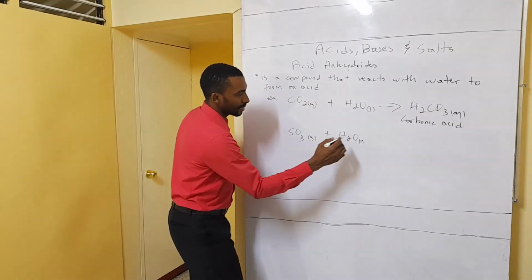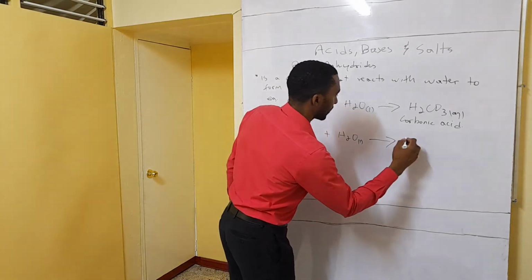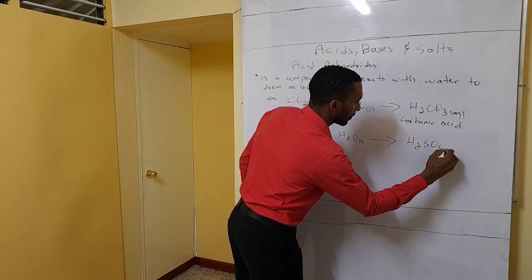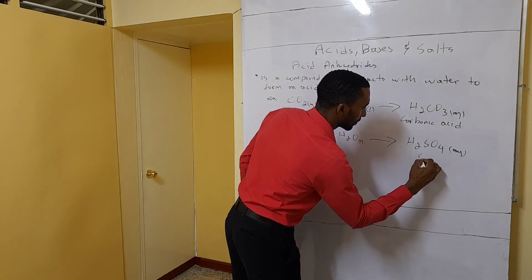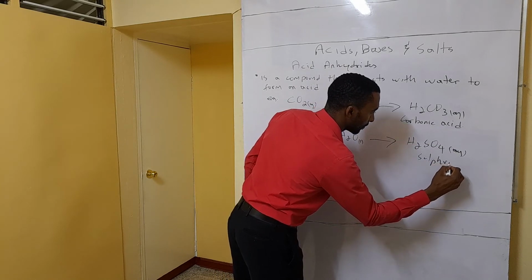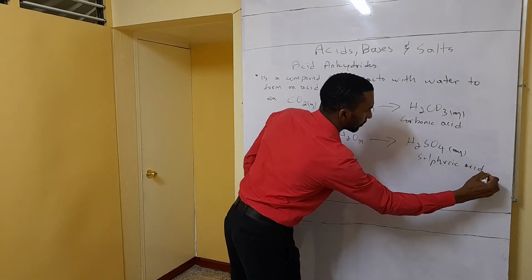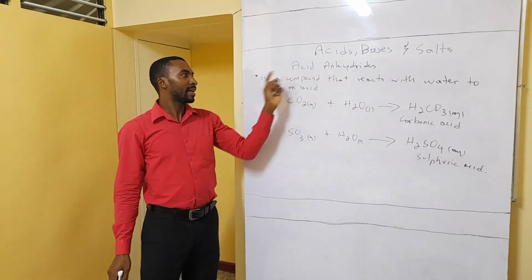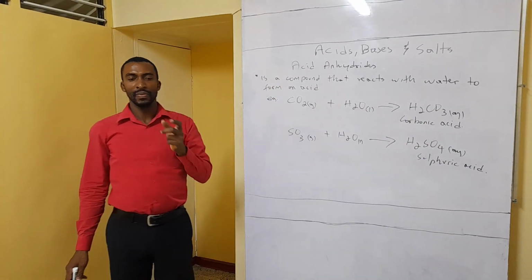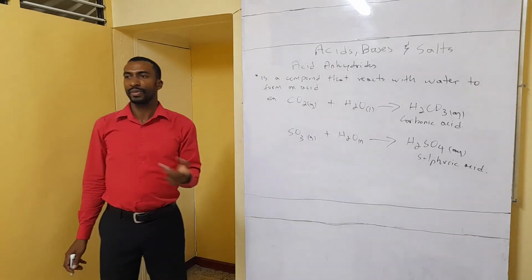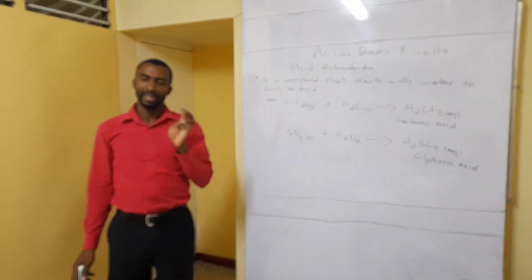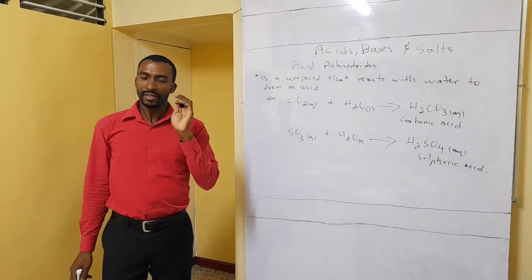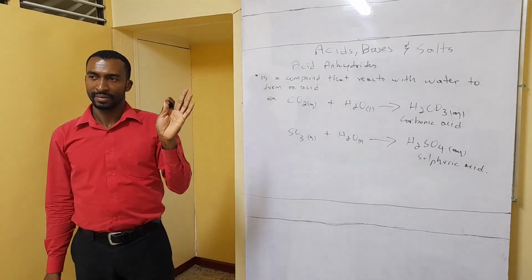Sulfur trioxide gas will form sulfuric acid. Alright? So, acid anhydrides are basically compounds that will react with water to produce an acid. But they are typically the oxides of nonmetals.